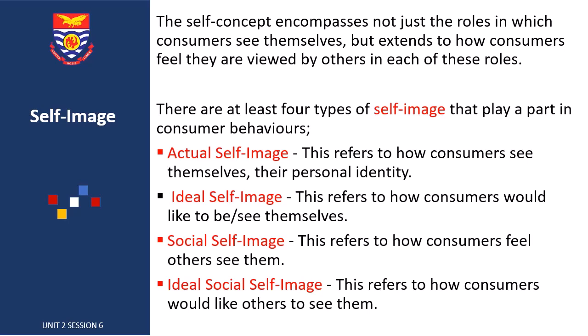Sometimes people deny their actual self. They don't like the way they see themselves, and therefore they would want to look like something else. So the ideal self-image is what the person wants to see as him or herself, or how the person would want to be.